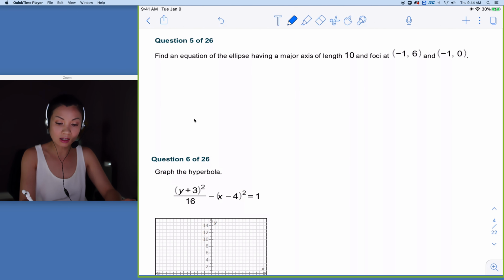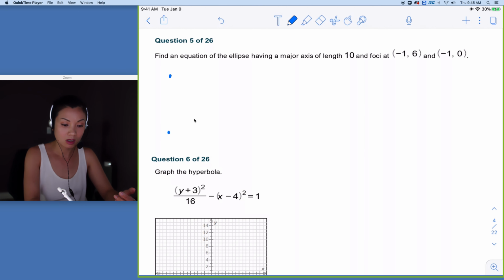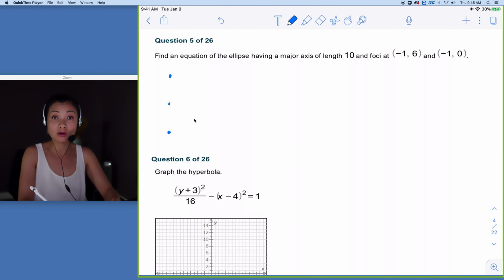So you see that one focus is (-1, 6). Let's just say (-1, 6) is right here. (-1, 0) has to be down here. So you see that the center has to be right in the middle of the two foci. So you can tell that the major axis for this problem is going to be vertical.